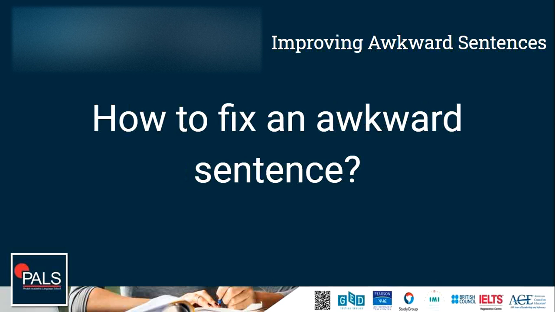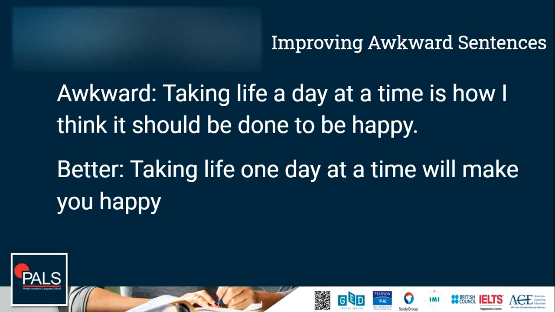So how do we fix it? That's the biggest question. Now, you will see a lot of tips online, but let me give you an example first before I give you some tips.